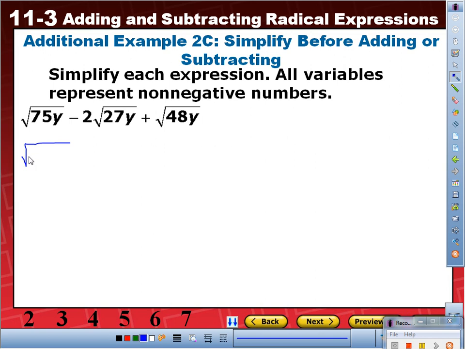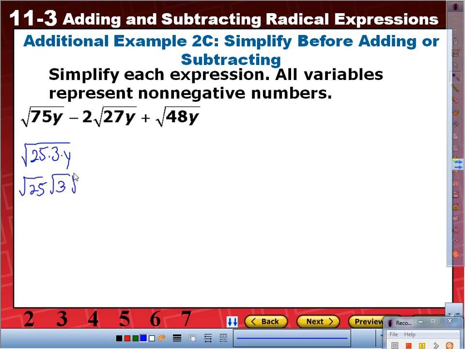We just did 25 times 3 times y. Then let's split these up. This becomes square root of 25, square root of 3, square root of y. So which one can we simplify? 25, so this is 5. And which stay inside? The 3 and the y, so that is square root of 3y. I'm done with that one. Thank you, Adam.